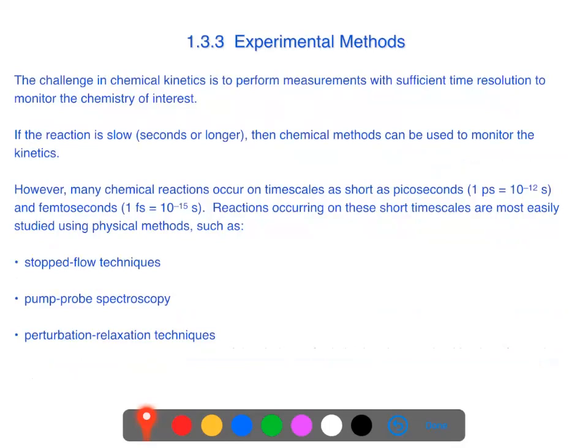However, many chemical reactions occur on timescales as short as picoseconds, 10 to the minus 12 seconds, and femtoseconds, 10 to the minus 15 seconds. Reactions occurring on these short timescales are most easily studied using physical methods, and we have here three methods which we'll discuss in some detail: stop flow techniques, pump probe spectroscopy, and perturbation relaxation techniques.